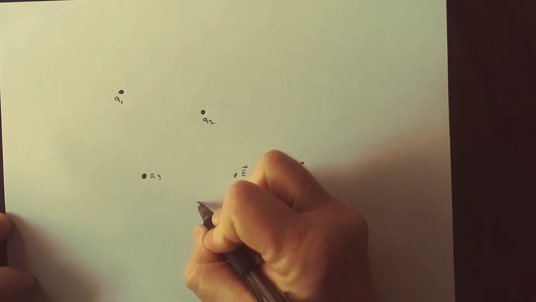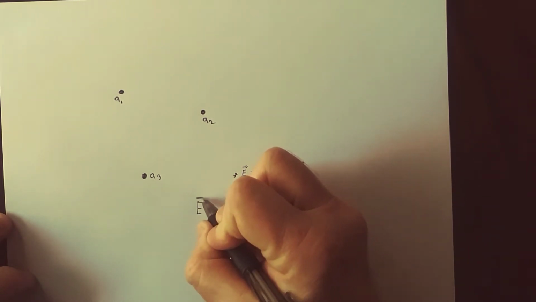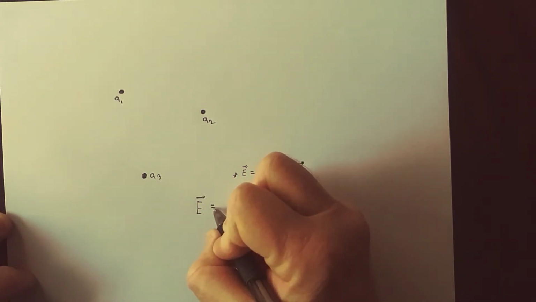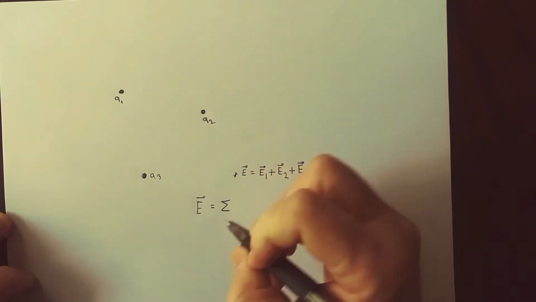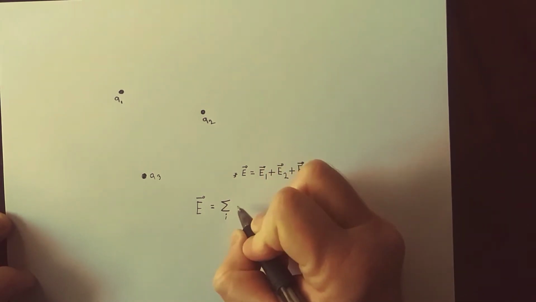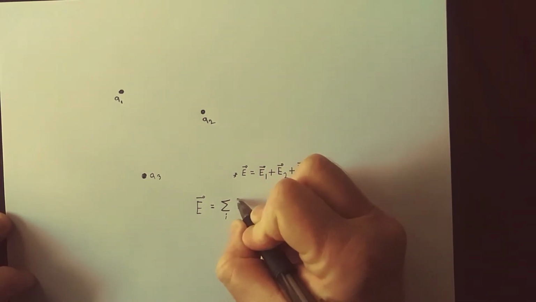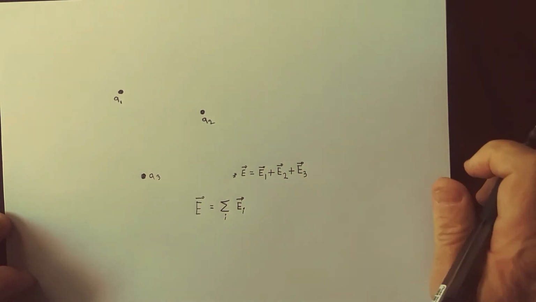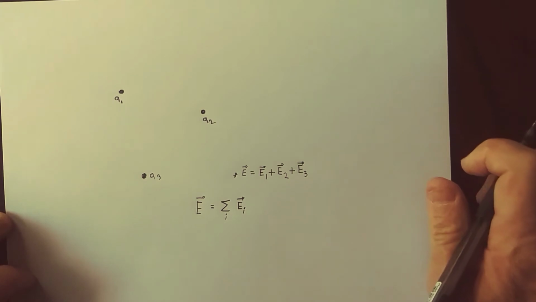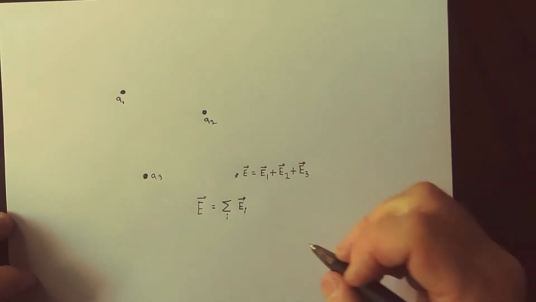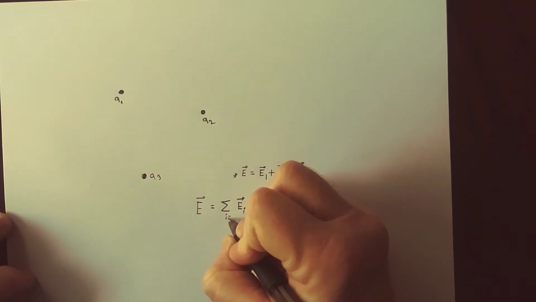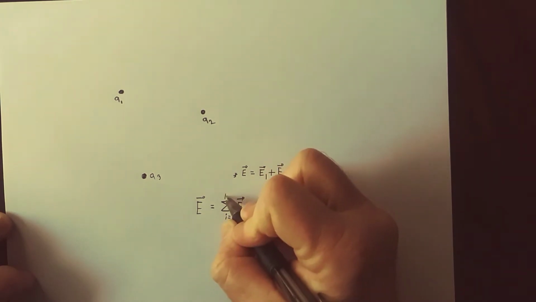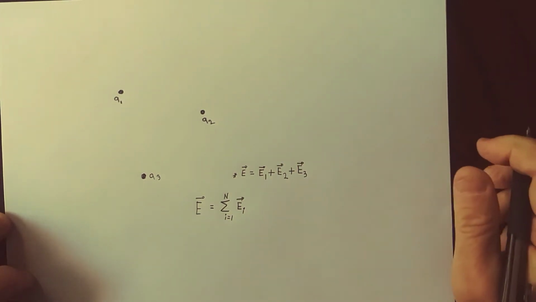So we basically conclude that the electric field is the sum over the electric field produced by each particle. E_i is the electric field produced by particle i, and we sum from i equals 1 to i equals n, some number.